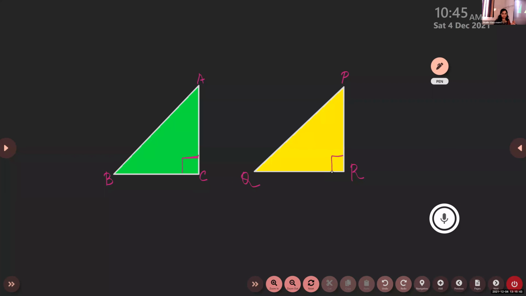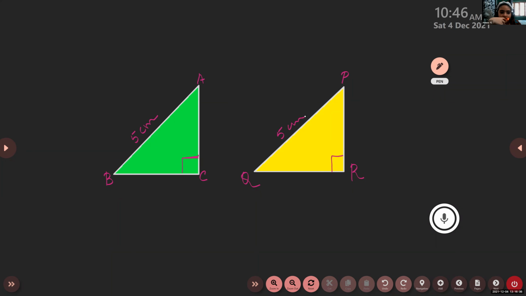If two right triangles are given, you have to compare their hypotenuse. If this is 5 centimeter, children, this also should be 5 centimeter. Then the hypotenuse should be equal. Clear?